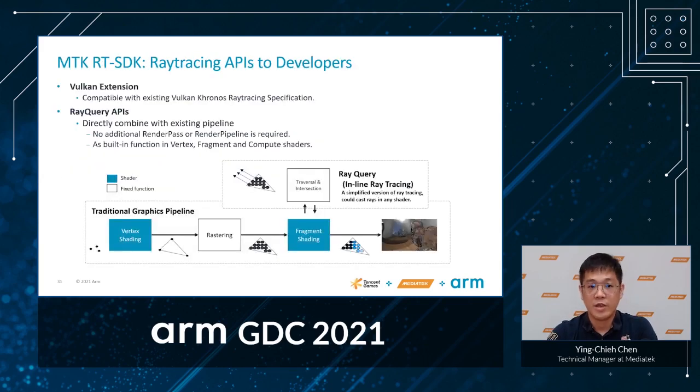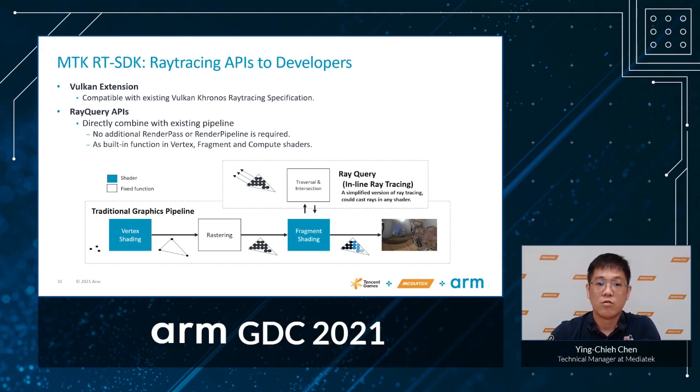The ray tracing API in our SDK. Our SDK is built on Vulkan, and we choose to support the RayQuery API. Our ray tracing API is compatible with the Vulkan ray tracing extension. Why did we choose RayQuery as our ray tracing programming interface? It's because it's easier for developers to integrate it into their program.